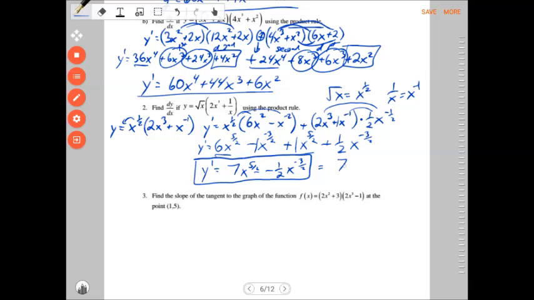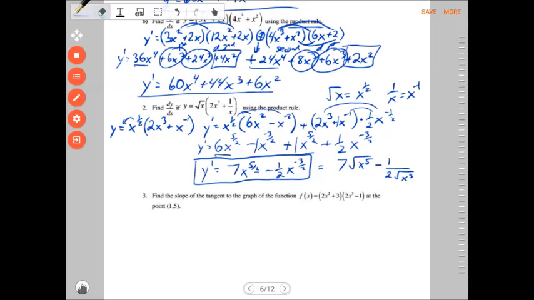So this is going to be 7 root x to the 5th, minus 1 over 2. Now remember, a negative exponent just denotes that it's on the bottom, so this is going to be a square root of x cubed on the bottom.